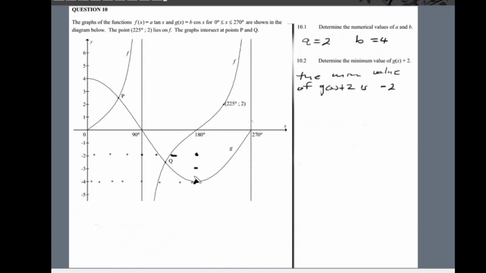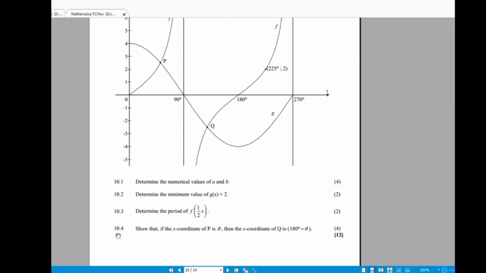That is, you shift the minimum value of g of x by 2 units up. So you'll go from -4, -3 to -2. Okay, and now 10.3.